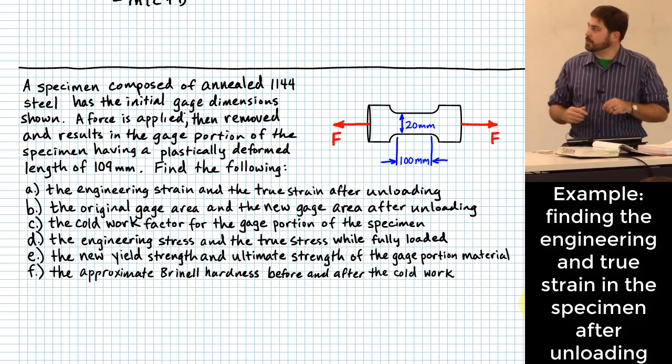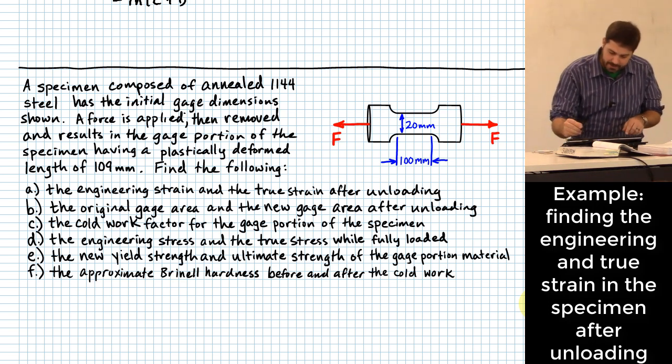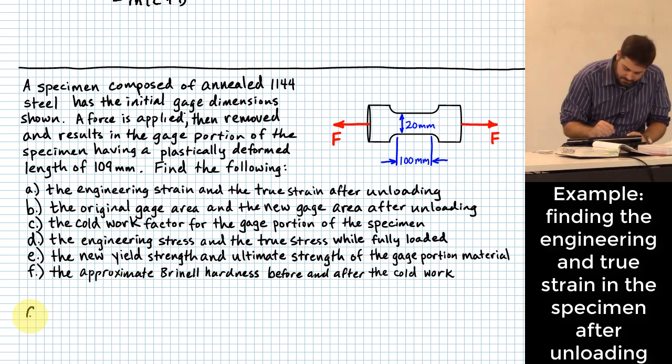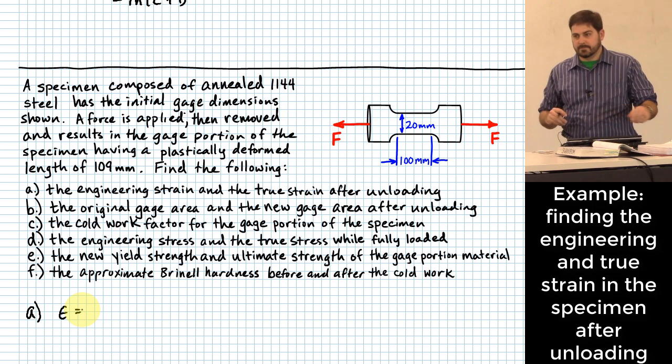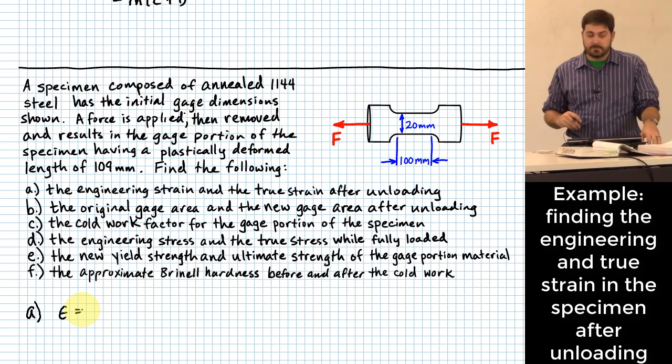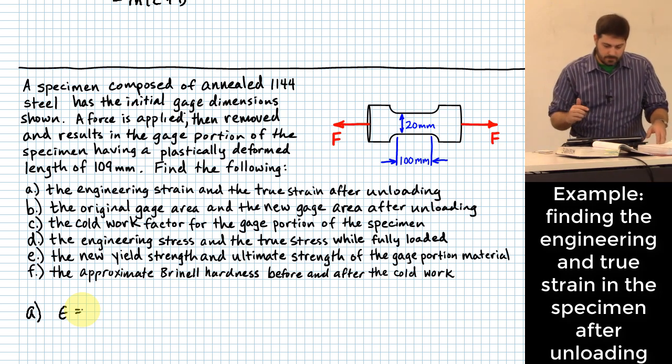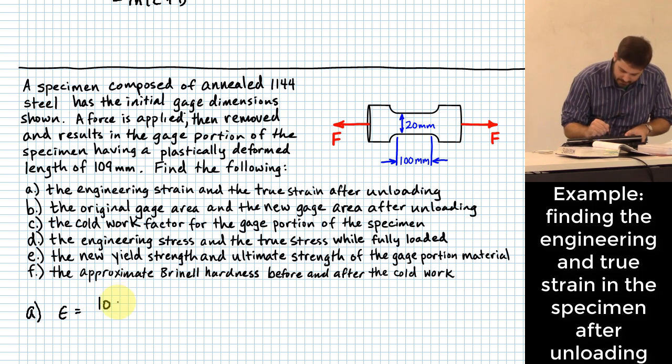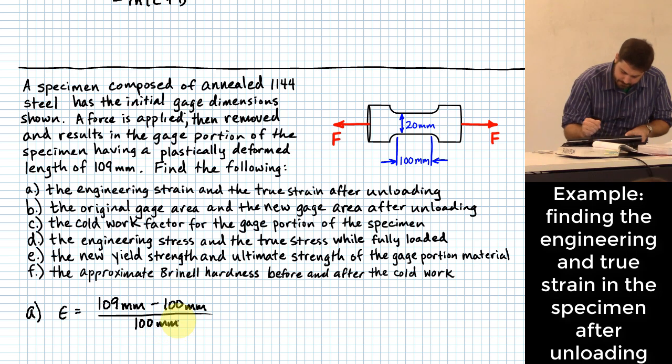Part A, the engineering strain and the true strain after unloading. These aren't too hard. What's the engineering strain? Final length, 109 millimeters, minus 100 millimeters, over original length, 100 millimeters.